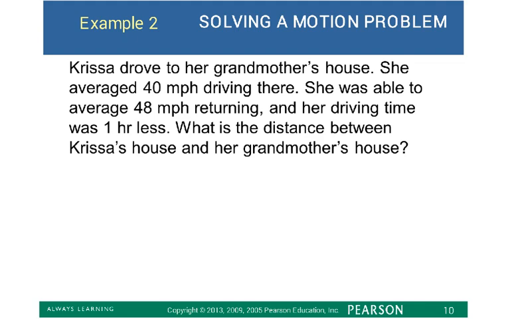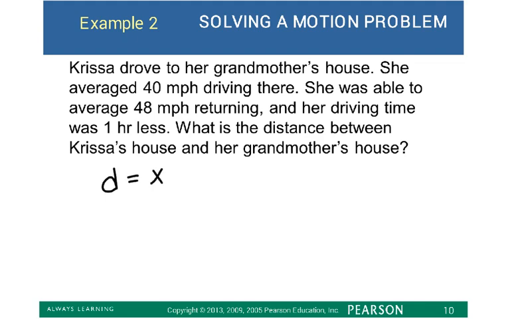I'm going to make a table of values here that we know. But first, our distance is what we are trying to find. The distance going to her grandmother's house and coming back are the same. So I'm going to say let our distance between the two houses be equal to x.